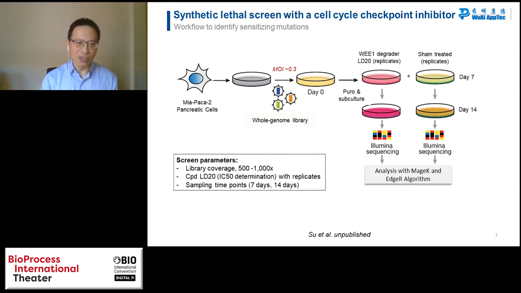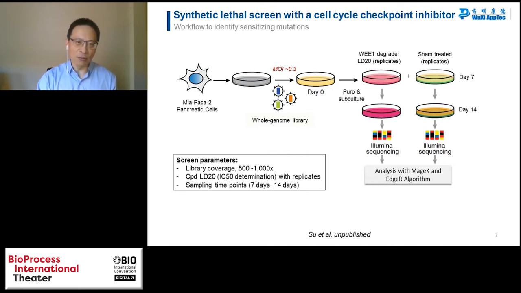In this case, we introduced a whole genome library to pancreatic cancer cell lines and then challenged this library with a WEE1, a G2/M cell cycle checkpoint inhibitor, at a lethal dose 20, meaning only 20% killing at the time of treatment. Then we harvested the cells at different time points.